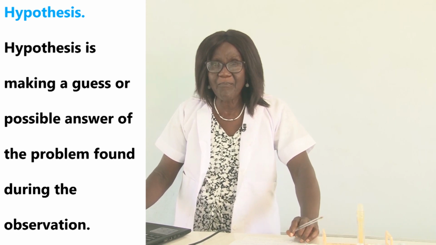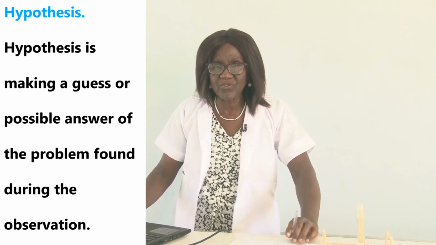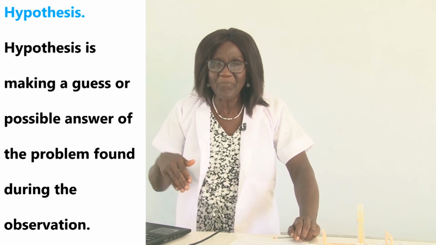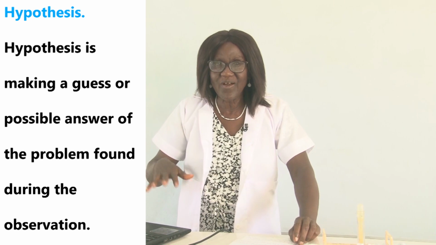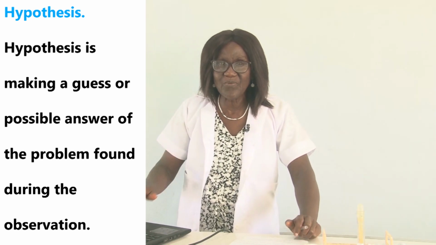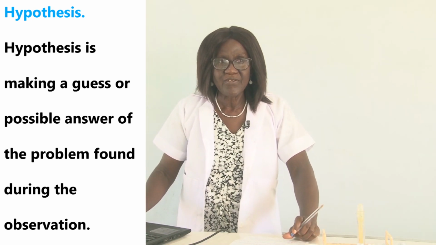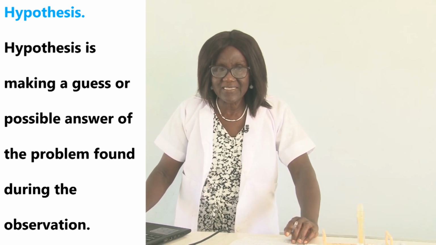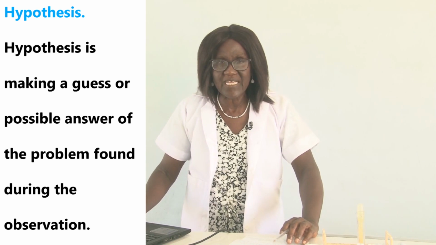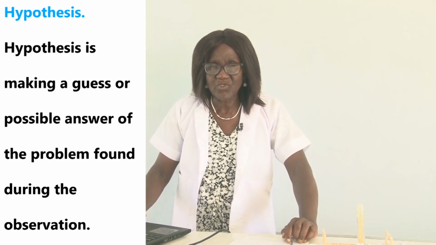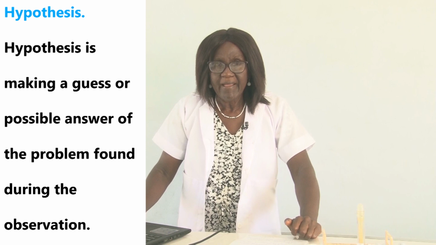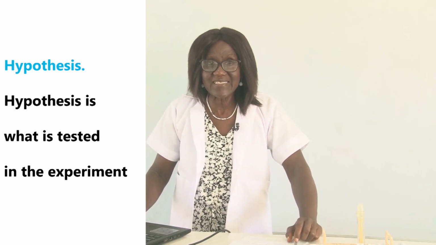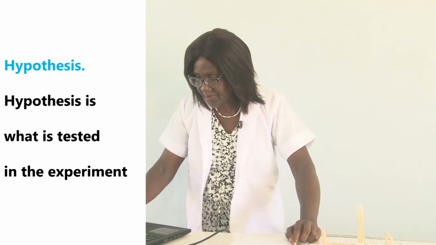Hypothesis is a possible answer to the problem. So it's like a guess answer to the problem you found. You found a problem of animals eating your plant, and you give a guess answer that it might be snails, which are nocturnal. So that is the hypothesis. And hypothesis is what is tested in the experiment.